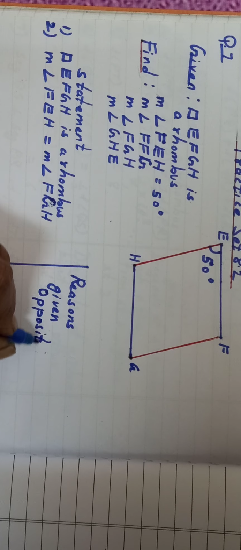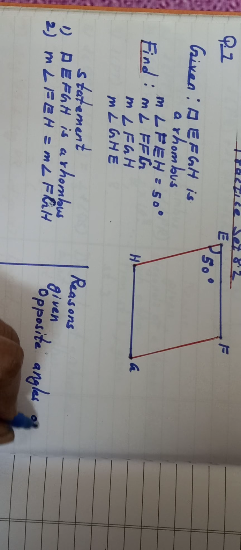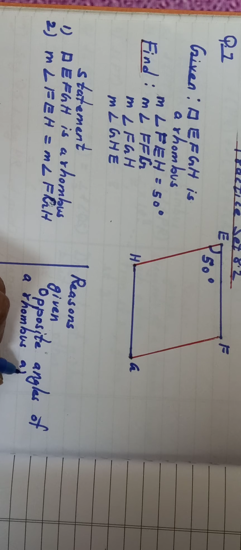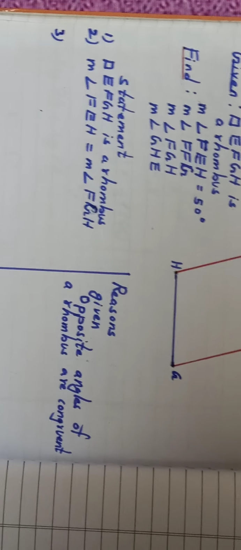So this reason we can write: opposite angles of a rhombus are congruent. Congruent means equal measures. This we have written. Now the third point. In the third point, what will we write?